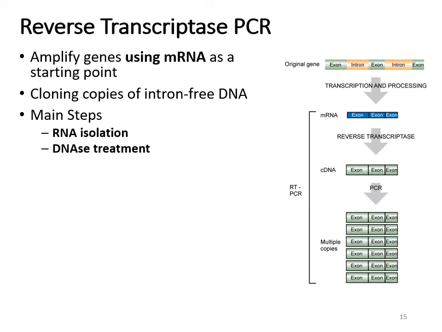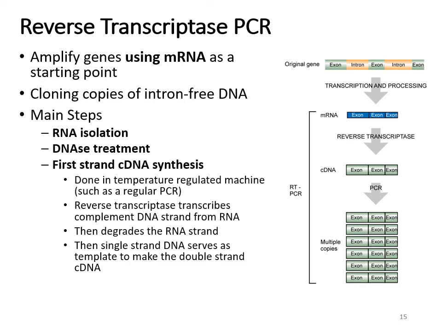You then clean it up to get rid of any DNA that might be contaminating it. And then you do what's called first-strand cDNA synthesis, and you do not have to memorize these steps of first-strand synthesis. It's basically meaning that the machine will make the complementary DNA copy of that RNA.